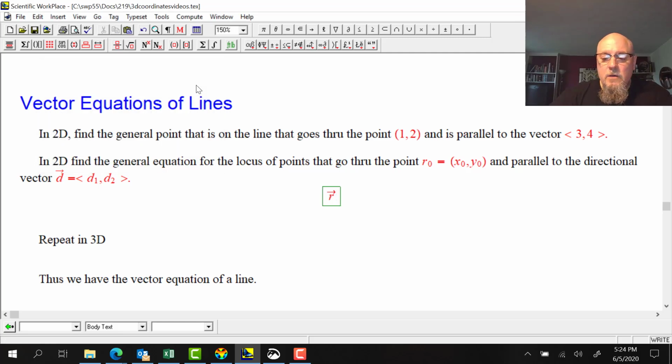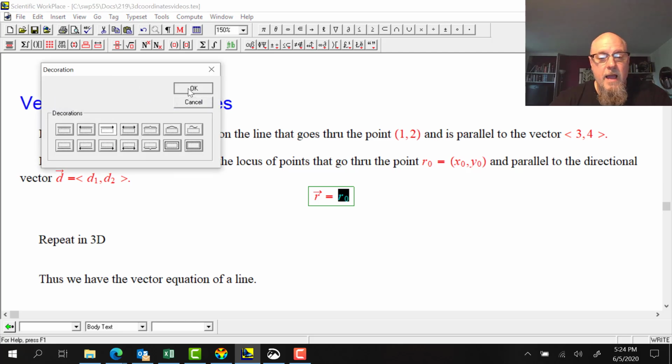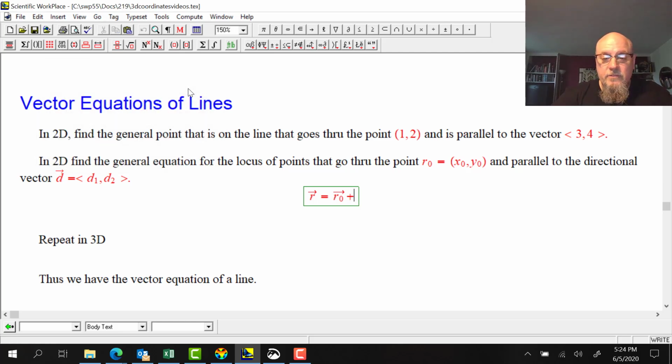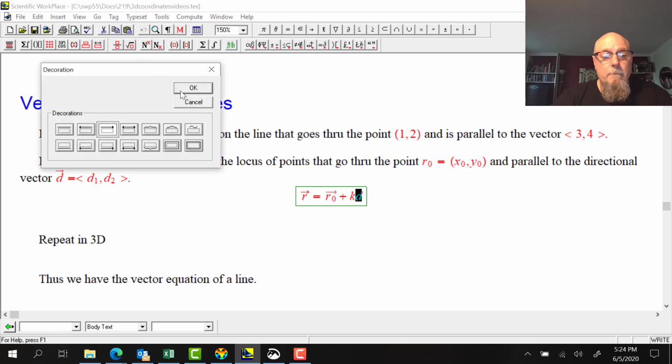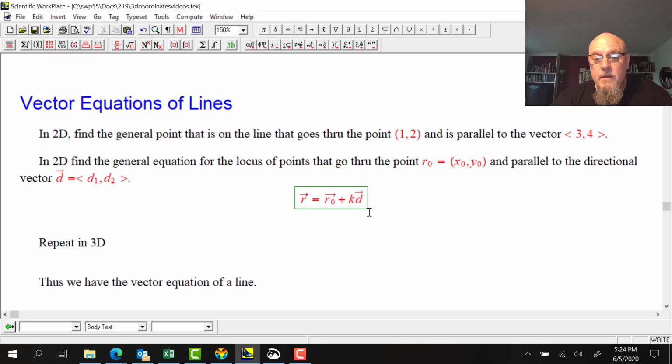It is equal to our point, which I'll call r naught. Again, that should be a vector, so I'm going to put a hat on it. Plus k times the direction vector d. So there's our vector equation of a line. The slope is represented by d, the direction vector, and the point is r naught.